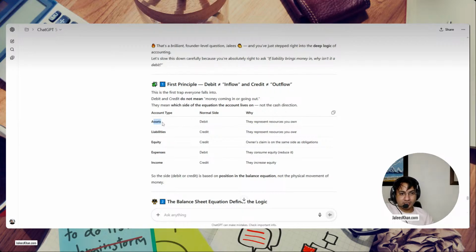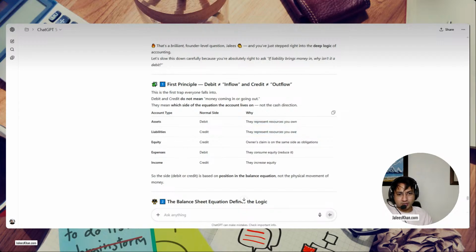Account type: assets, normal side debit. Why? They represent resources you own. Liabilities, credit. They represent resources you owe.